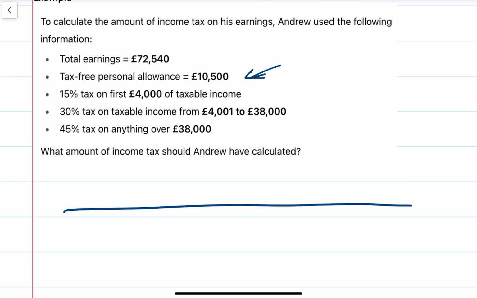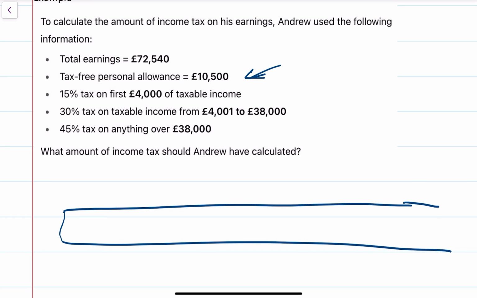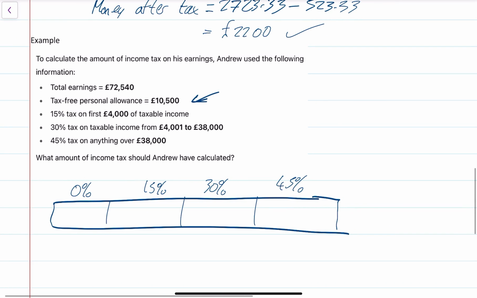Okay, as complicated as you're going to get, highly unlikely you're going to get one as complicated as this. First of all, his 0%, then he's 15%, then he's 30%, and then his 45%. And remember, these things all need to add up to his total yearly salary, which is 72,540.